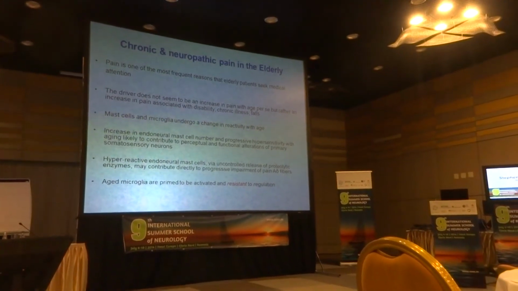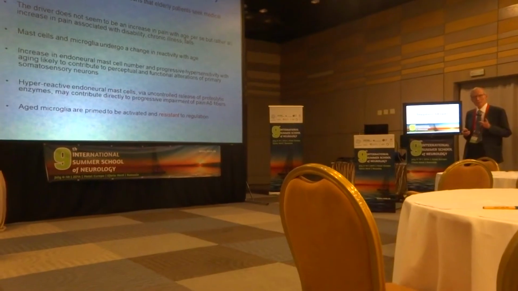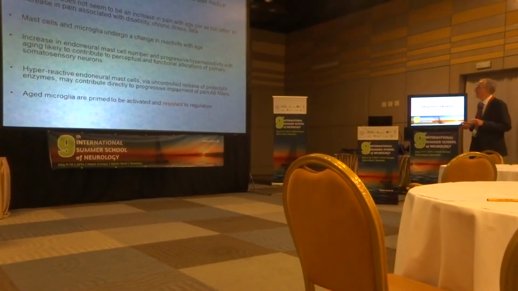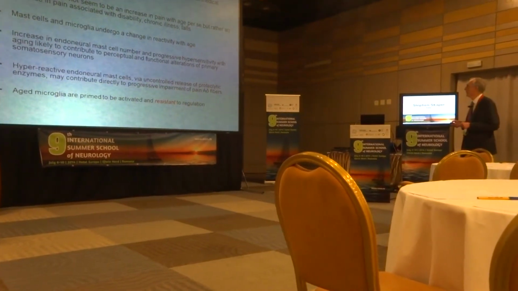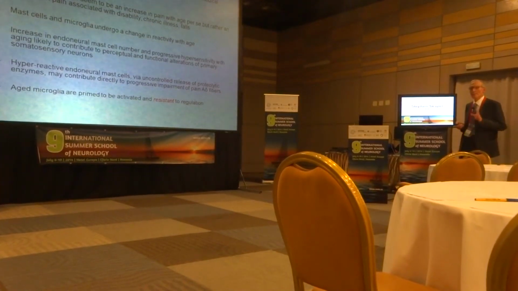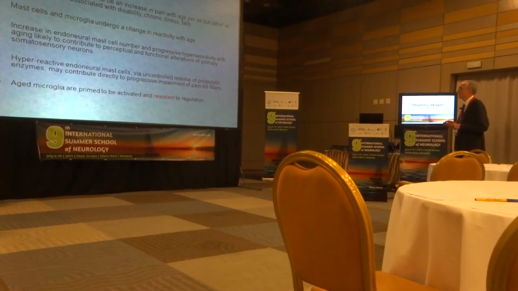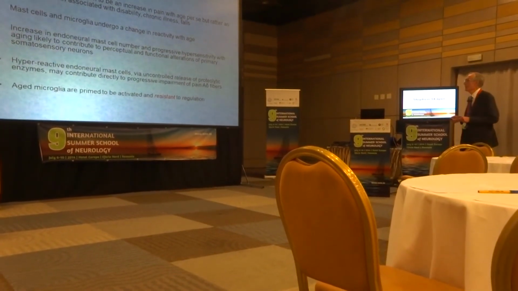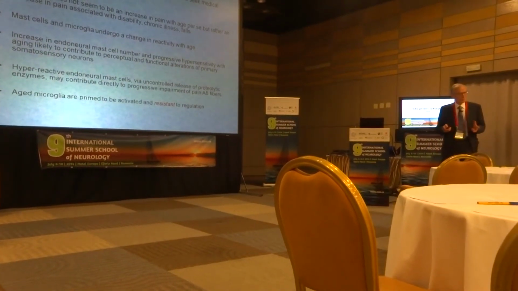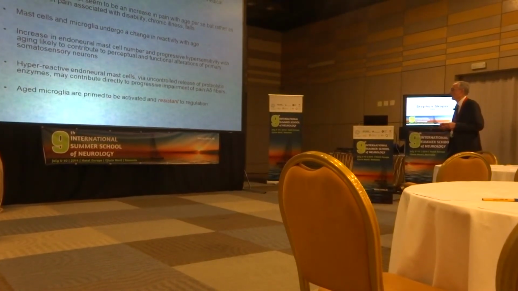Interestingly, mast cells and microglia become more reactive with age in both animals and also in patients. If you look in the endometrium, the mast cells, which conventionally are few, their numbers increase and they become more hyperreactive, which may contribute to alterations in sensory neurons. And of course, mast cells, because of these proteases, can also injure pain fibers.